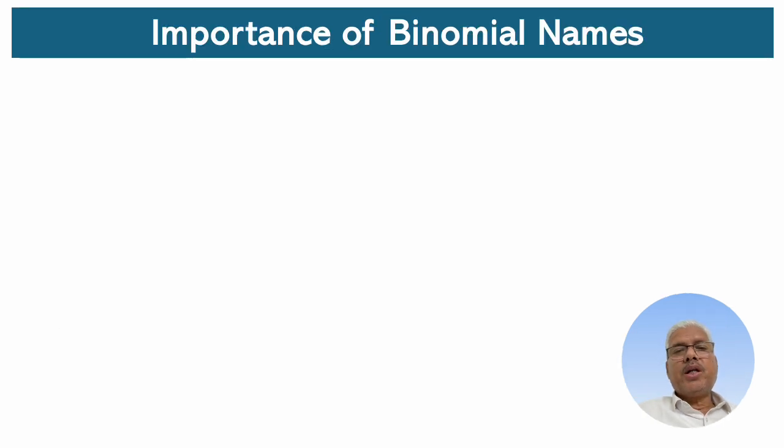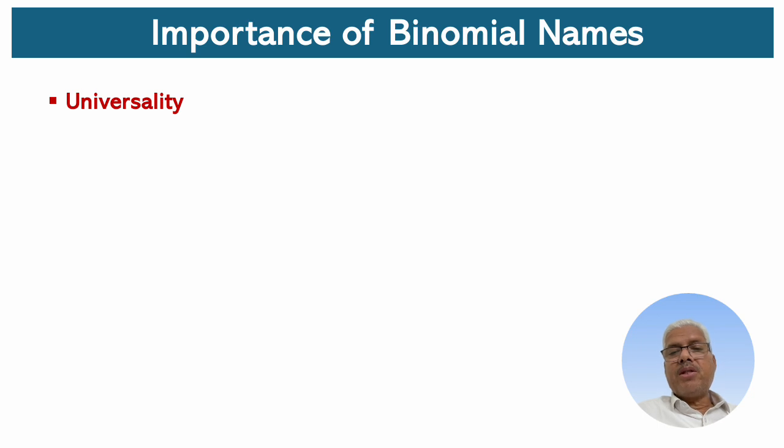Binomial nomenclature is absolutely vital in biology. Its importance can't be overstated. It provides a single universally recognized name for every species, regardless of language or location. This eliminates the confusion caused by common names, which can vary dramatically from region to region.